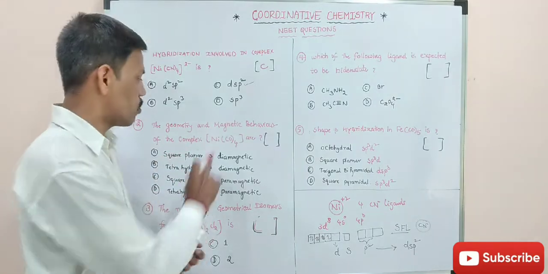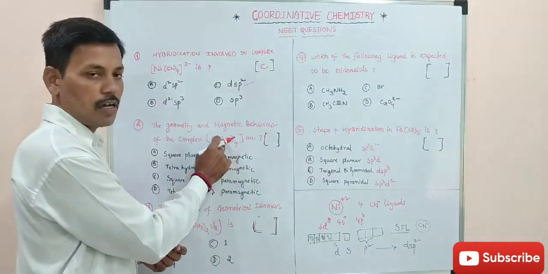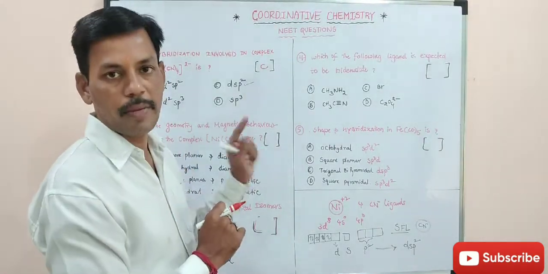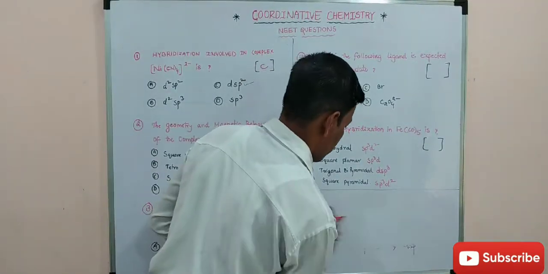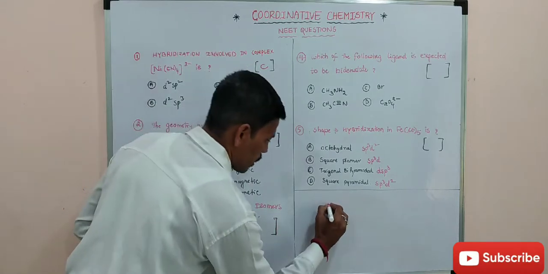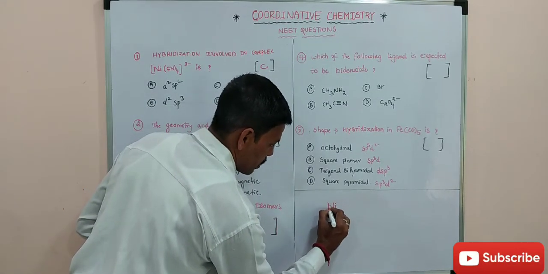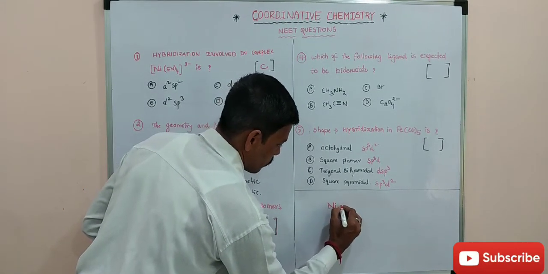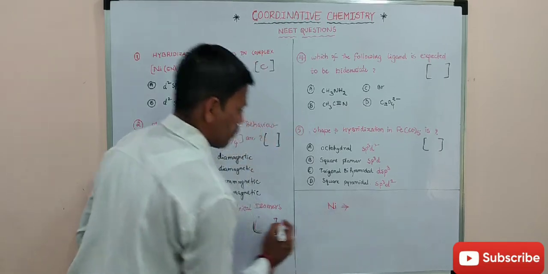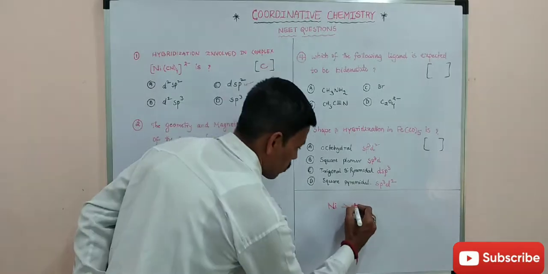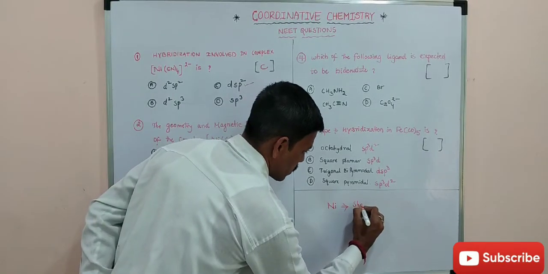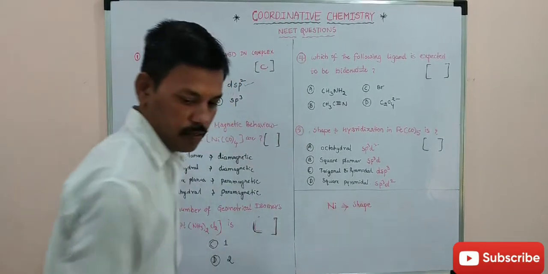So we have to know the shape and magnetic behavior of tetracarbonylnickel. So let's see. Here also the central metal atom is nickel.